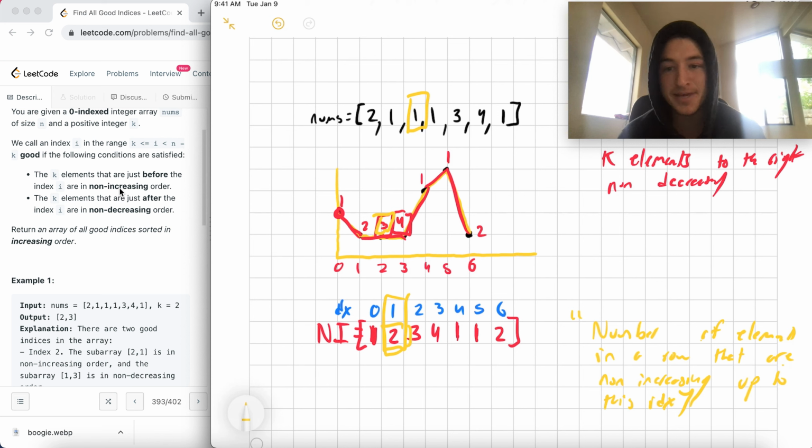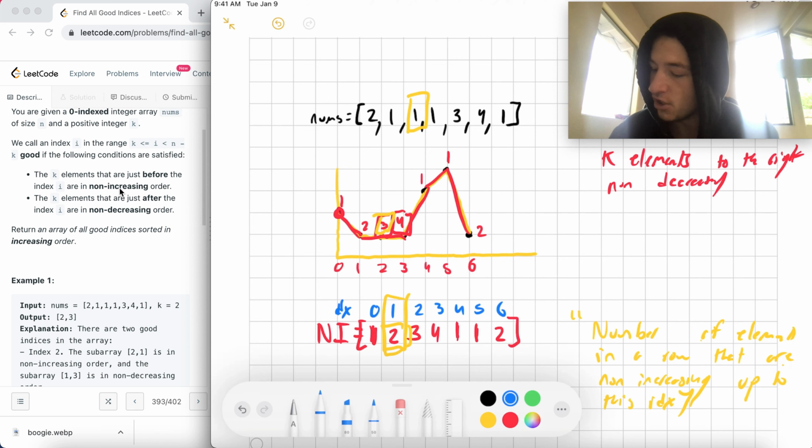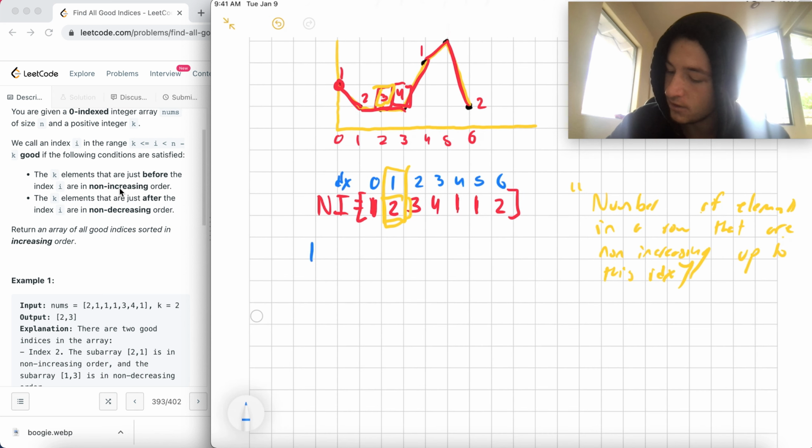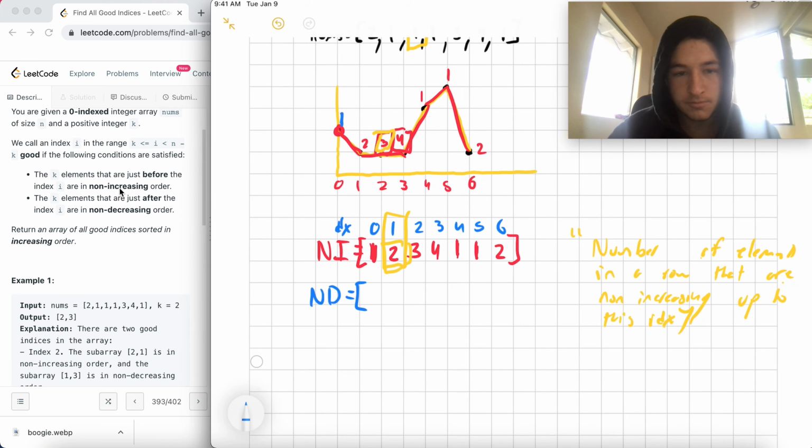So I can play the same game for non-decreasing points, right? So what we should also do is have a non-decreasing array. So 1, there's 1 thing that's non-decreasing. This is decreasing, so now it's 1 again. This is non-decreasing, so now it's 2. This is non-decreasing, so now it's 3.